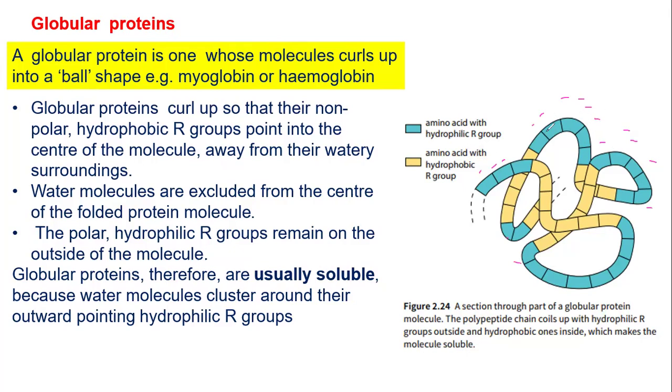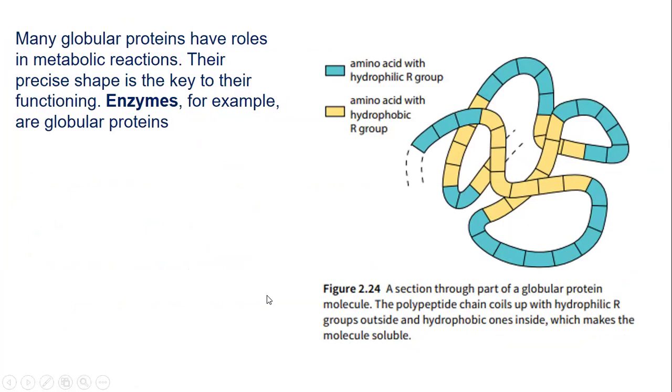The fact that we have the hydrophilic amino acids on the outside makes these proteins soluble, since most of the time they are found in watery environments. These globular proteins have different roles that they play in chemical reactions, and their shape is very key in the functioning.